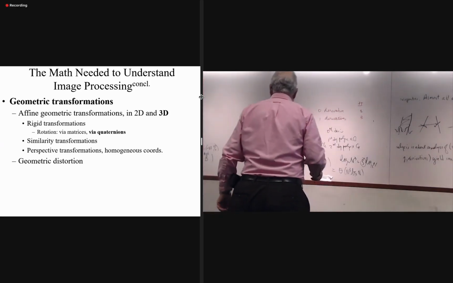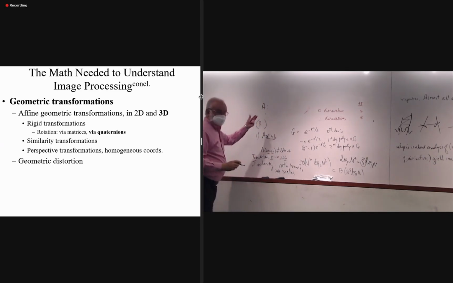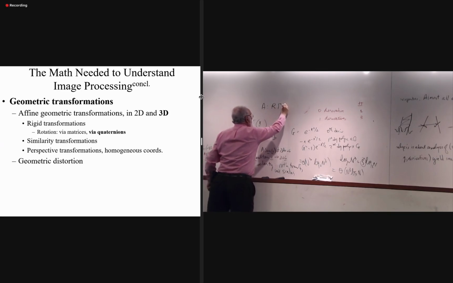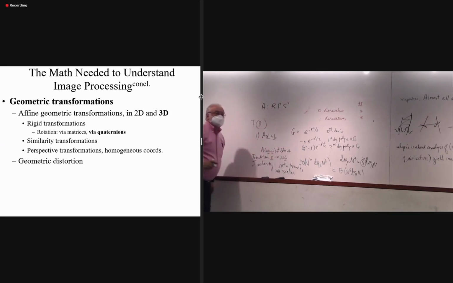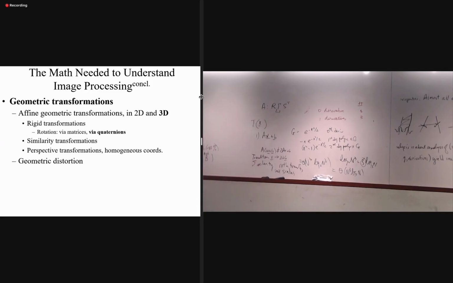And so, in general, A, for an arbitrary transformation, consists of a rotation, non-uniform scaling, and another rotation. But non-uniform scaling is not allowed in a similarity transformation. That's a kind of distortion. Okay? And so it's a subset.